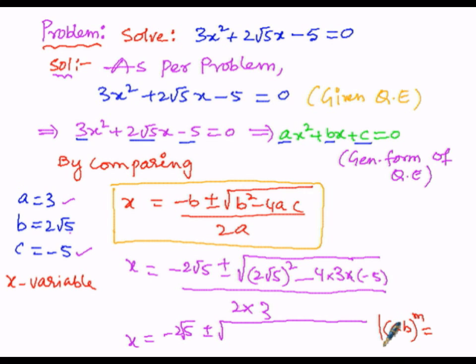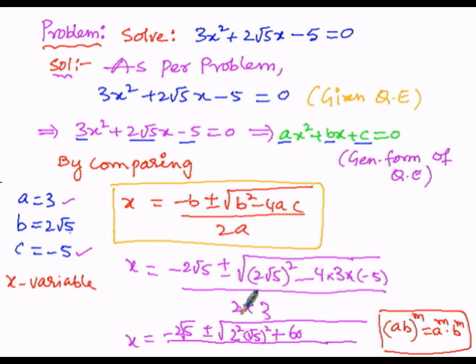Based upon this identity, that is a power m into b power m, we are going to write this logical step: 2 to the power of 2 into root 5 to the power of 2, minus, but minus of minus becomes plus, then just we have to multiply 4 5s is 20, 20 3s is 60, overall divided by just 2 3s is 6.